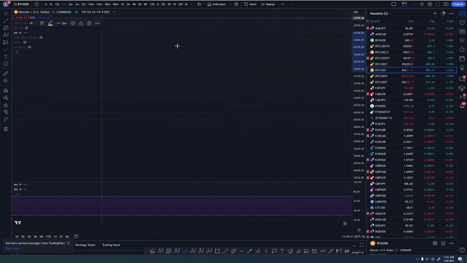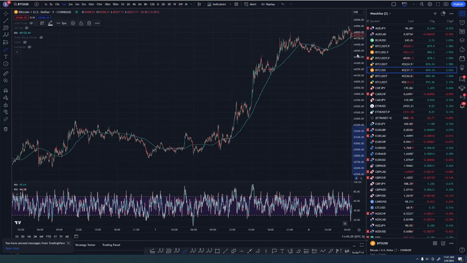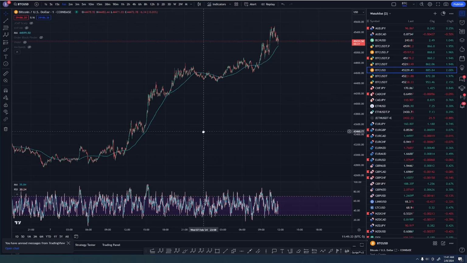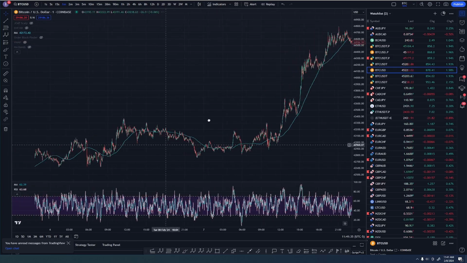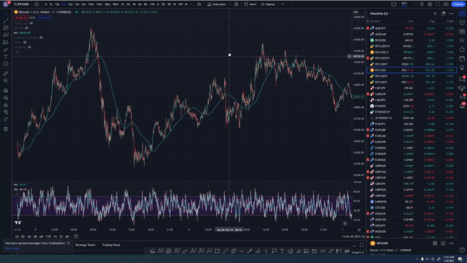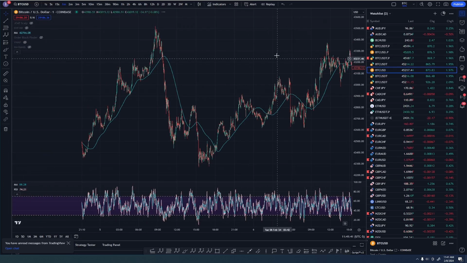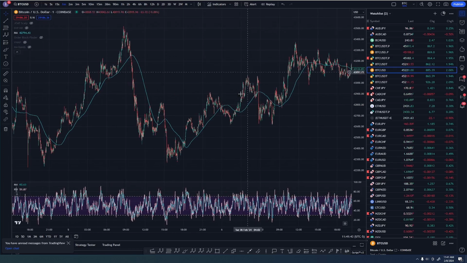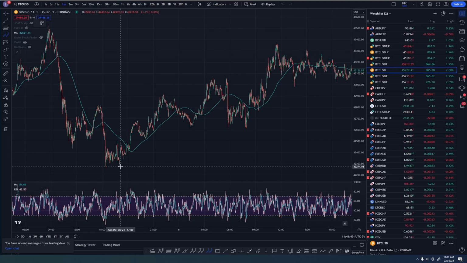I could go down to the 1-minute chart. Let me go down to the 1-minute chart, and you'll see 5s and 3s all over the place. Let's just check it out quick. Where do we start? I mean, anywhere is fine. All right. Let's see.